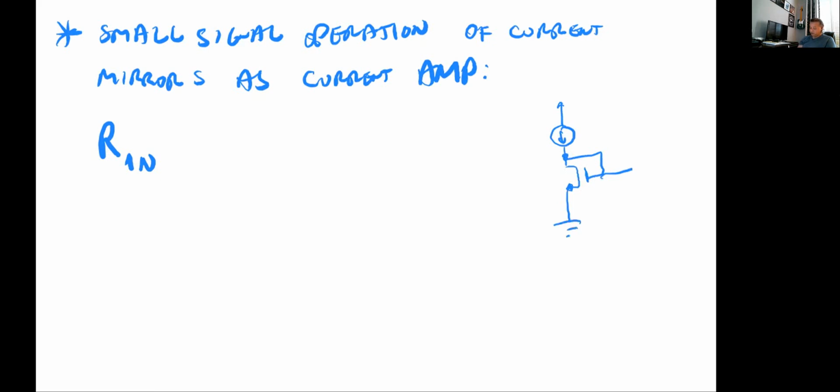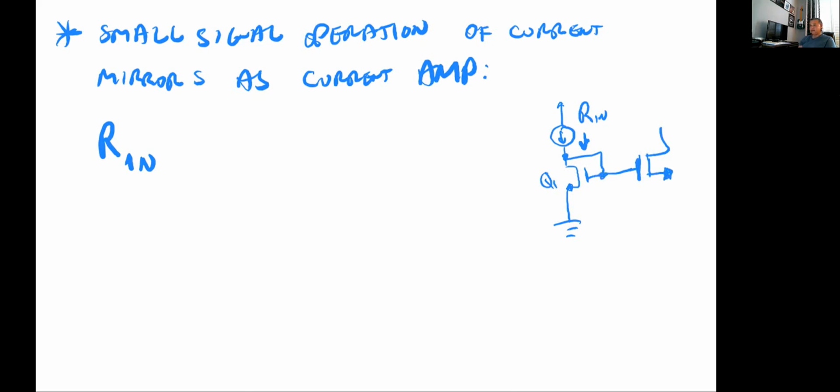The input current is right here. So we are looking into the drain of Q1 and also the gate of Q1, okay? And the other thing that is here is also the gate of Q2, because Q2 is here.